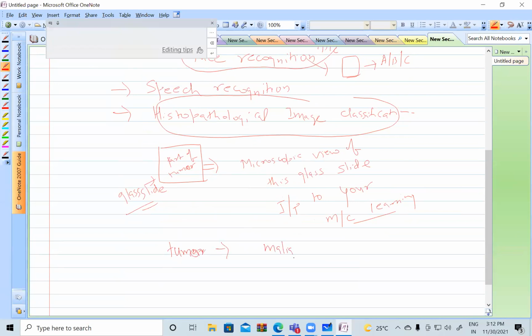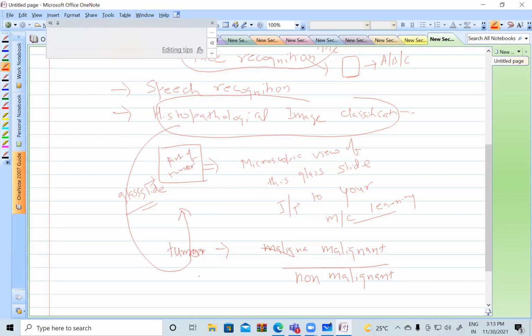Malignant tumors are the tumors which are cancerous, and non-malignant tumors are the tumors which are not cancerous. So given the histopathological image, what is the input? The input is the microscopic image of the tumor.